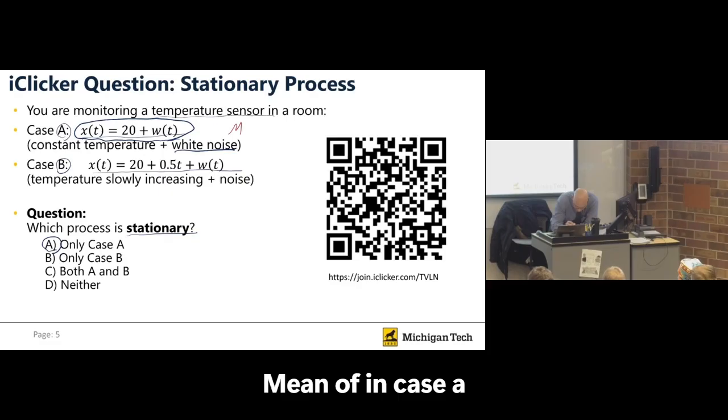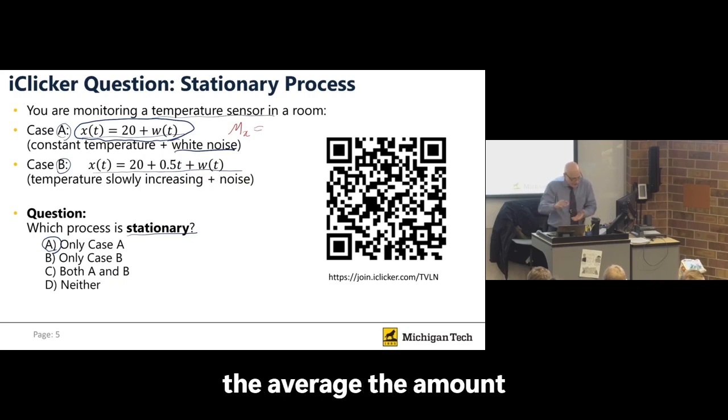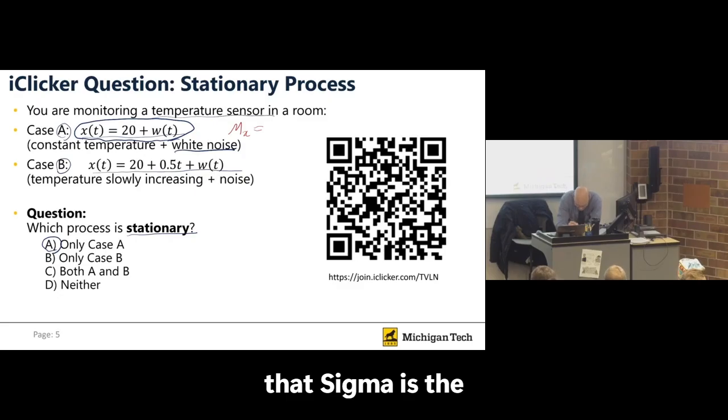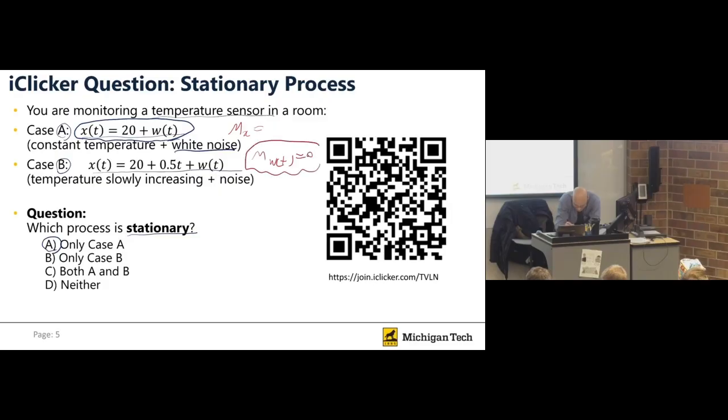The mean of x in case A is equal to what? When we average them out, the W has this characteristic: the mean of WT is 0.